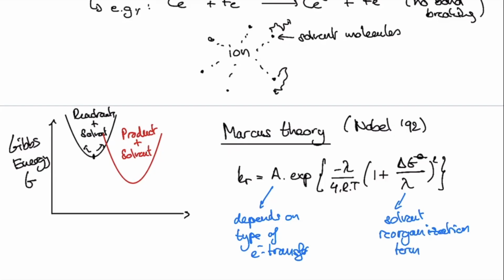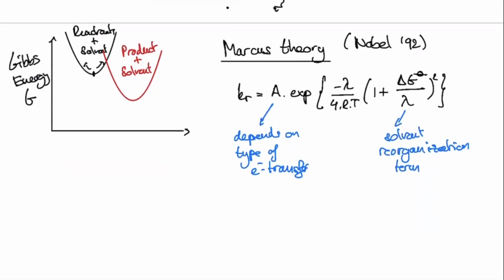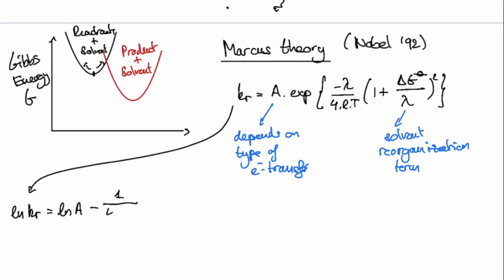Okay, so why do we care? What does this mean? Let's look at when we take ln of both sides. So we get ln k_r equals ln A minus 1 over 4 lambda RT times (lambda plus delta G) squared.